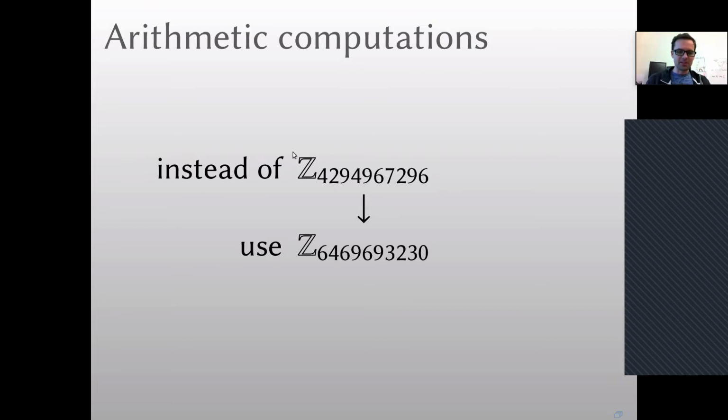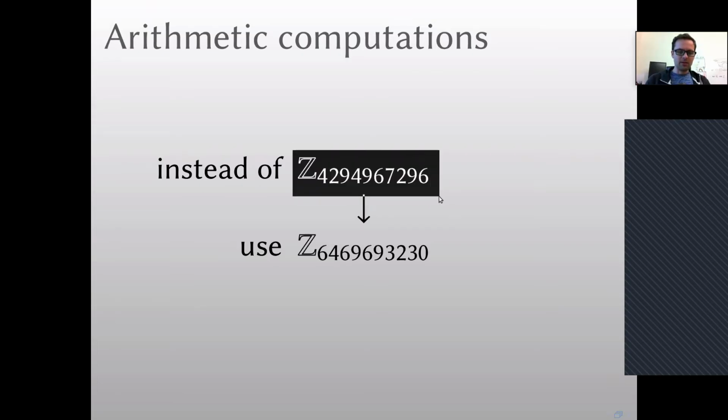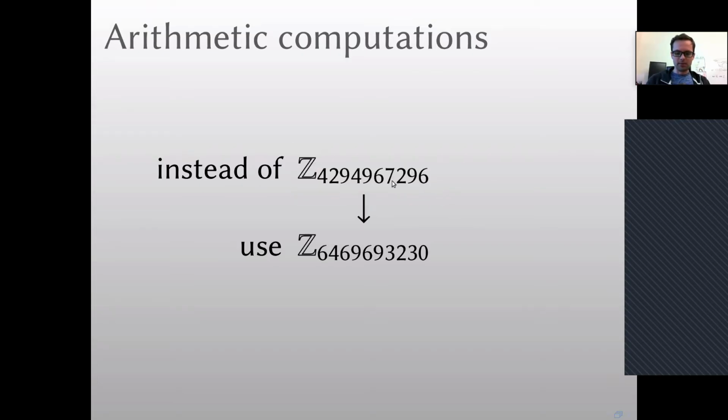This is a funny slide. The previous slide involved doing arithmetic mod this number, which is 2 to the 32. So that was an arithmetic circuit where the modulus is 2 to the 32. If we didn't use 2 to the 32 and used a different modulus, we might have better performance.